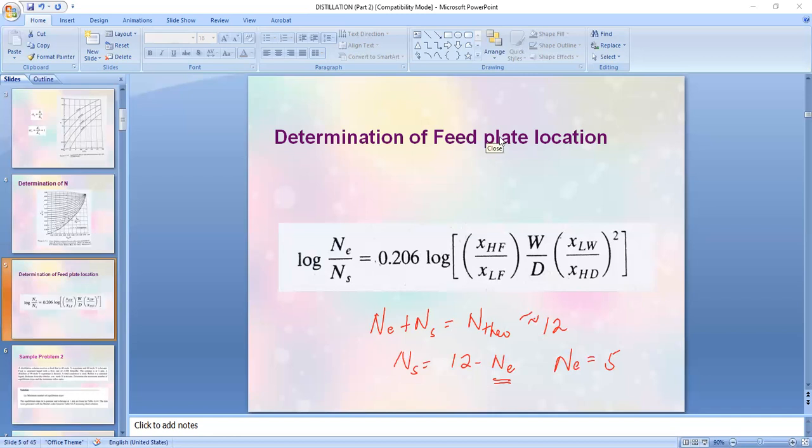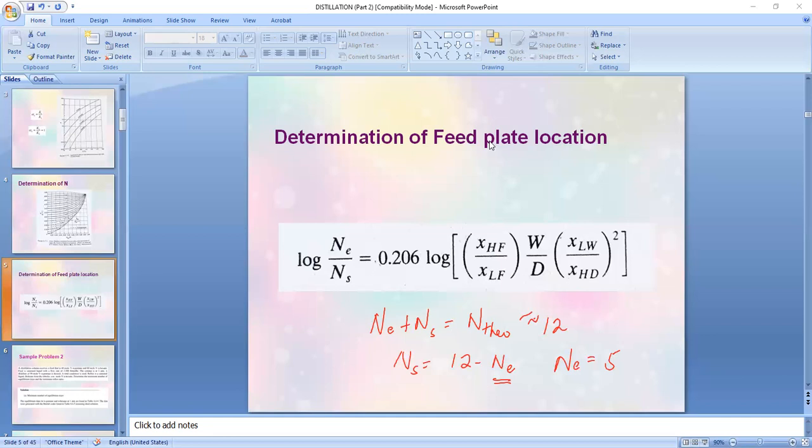If you have been carefully listening to the discussion on the graphical determination of the number of stages, you will have noticed that the feed plate is where you transfer from the enriching section to the stripping section. It is the very first opportunity you get to transfer, passing the intersection point of the 3 lines: the enriching section operating line, the stripping section operating line, and the feed line.